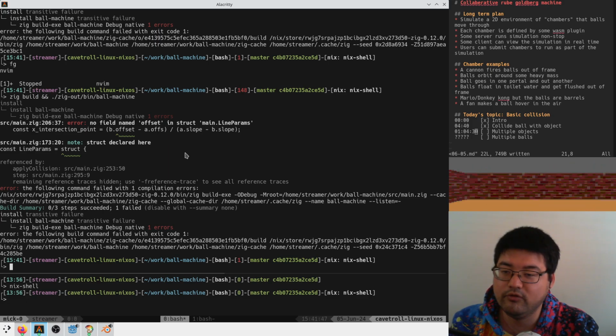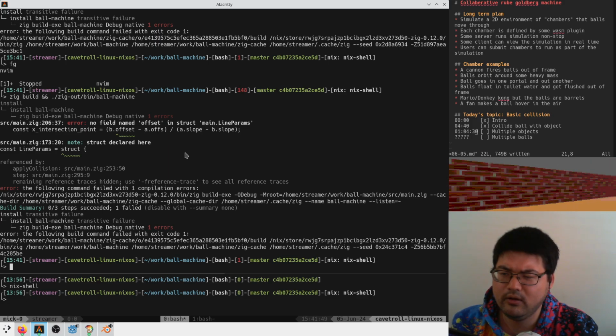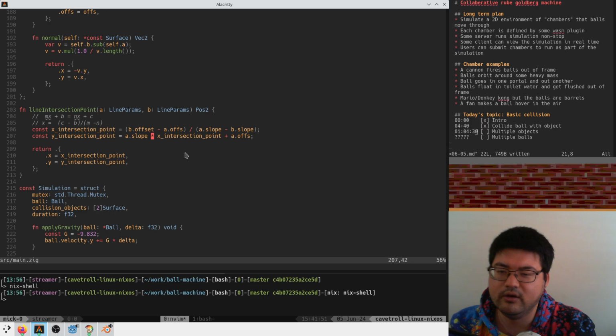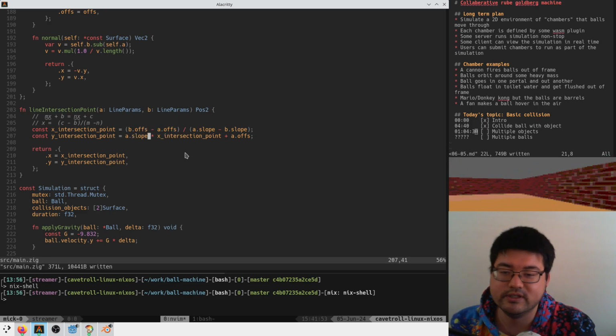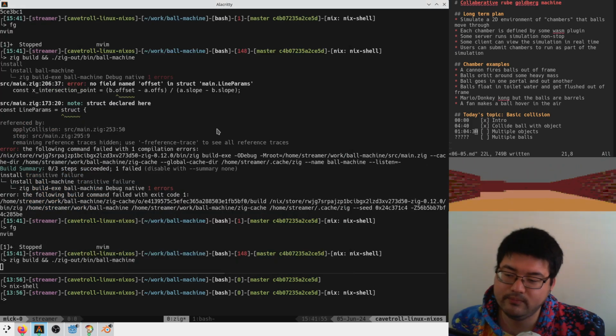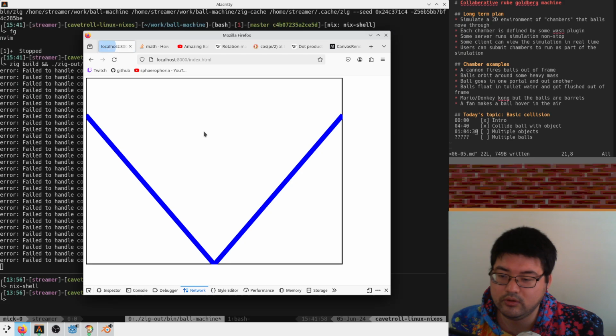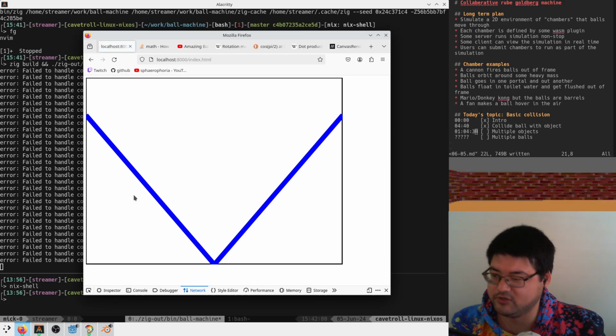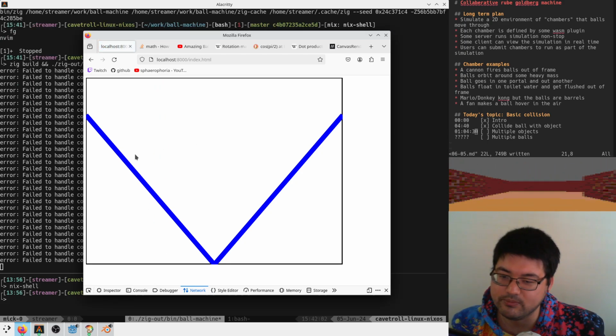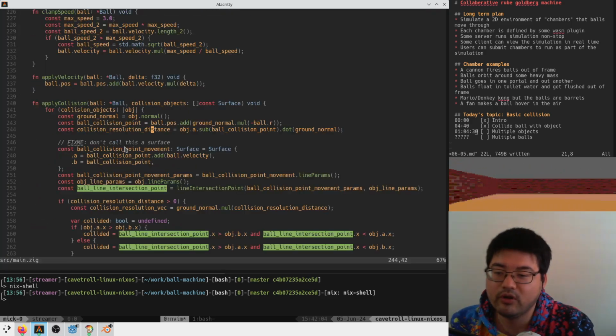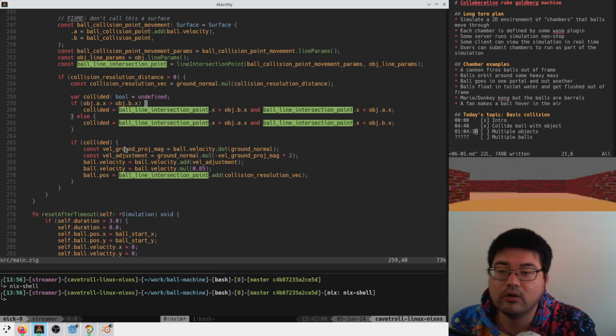Could do something. No field offset in line params. Why? Is it offs? It is. Fine. So he's just falling right through. So clearly we're doing something wrong. Okay.